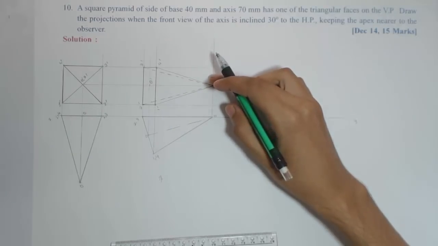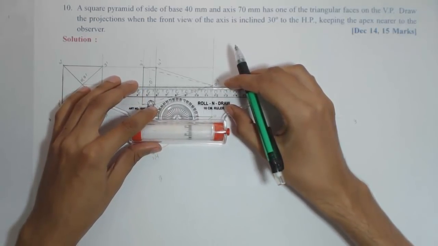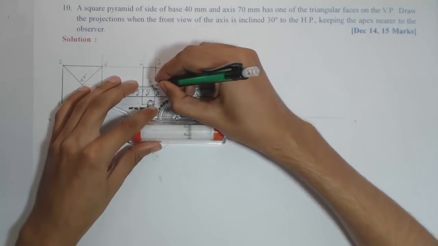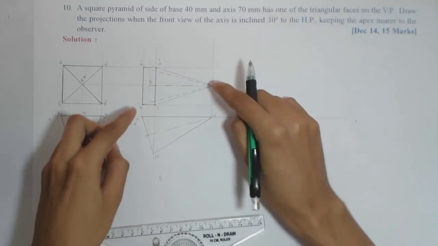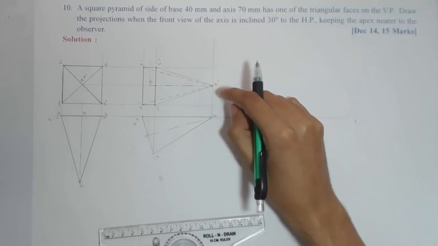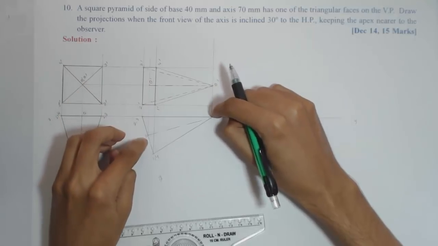But after redrawing this second stage, completing the second stage, now if you see the axis length O dash O dash, it is giving me apparent length which is less than the true length.